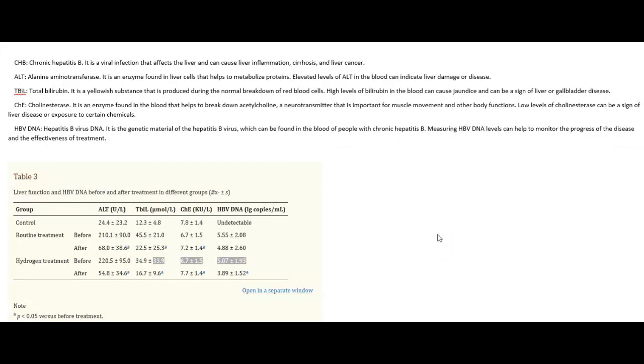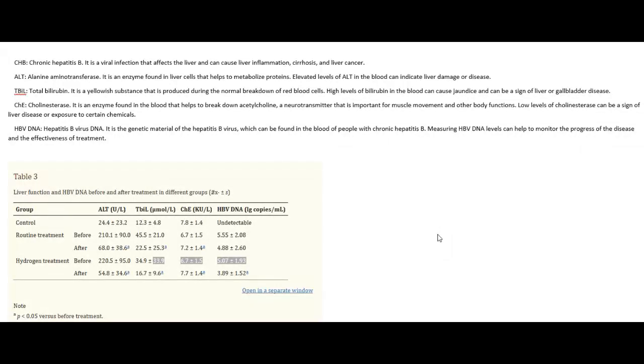So the bilirubin improved, right? Yeah. The bilirubin levels in the hydrogen group improved.